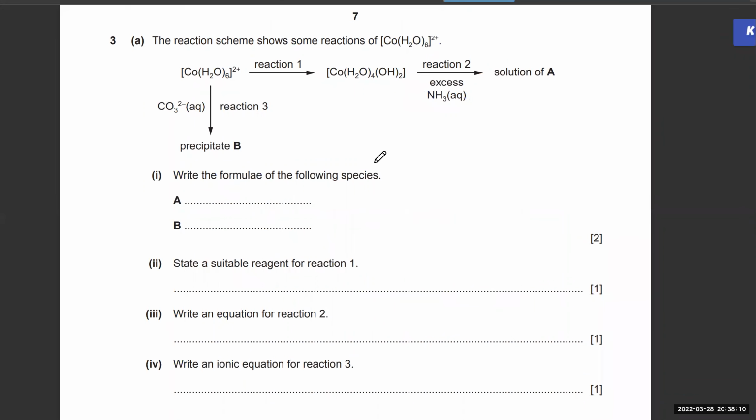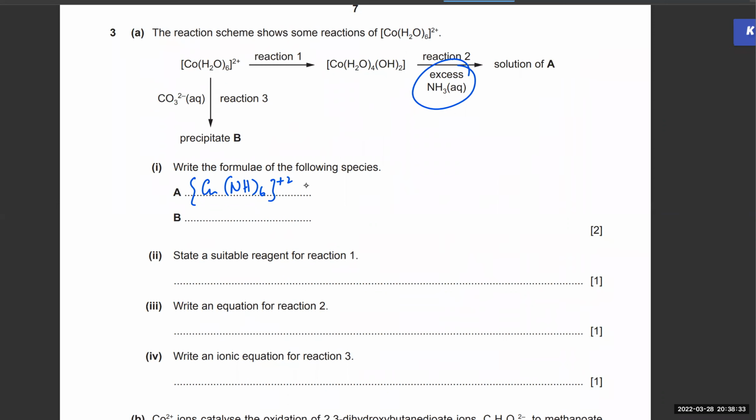So you just have to use all of that. Write the formula of the following species. Which one? A. You add excess NH3, what happens? Copper is now surrounded by NH3. It's going to be completely surrounded by NH3.